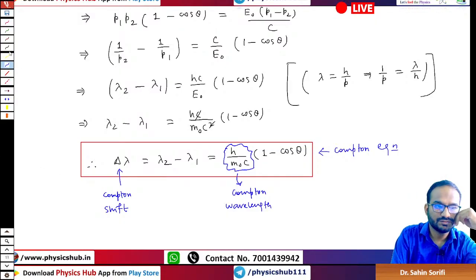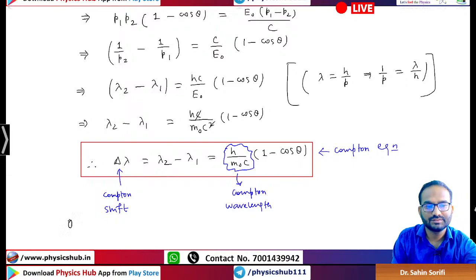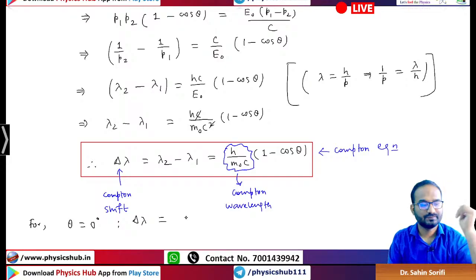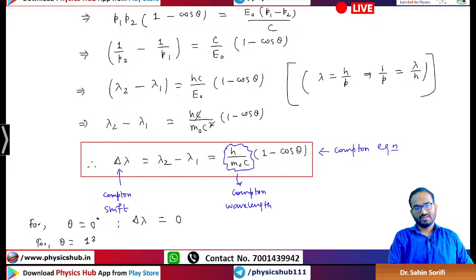So delta lambda may vary if you consider theta equal to 0. For theta equal to 0 degree, we get delta lambda equal to how much? 0. And for theta equal to, let's say, 180 degree, delta lambda will be 2 times h by m naught c.